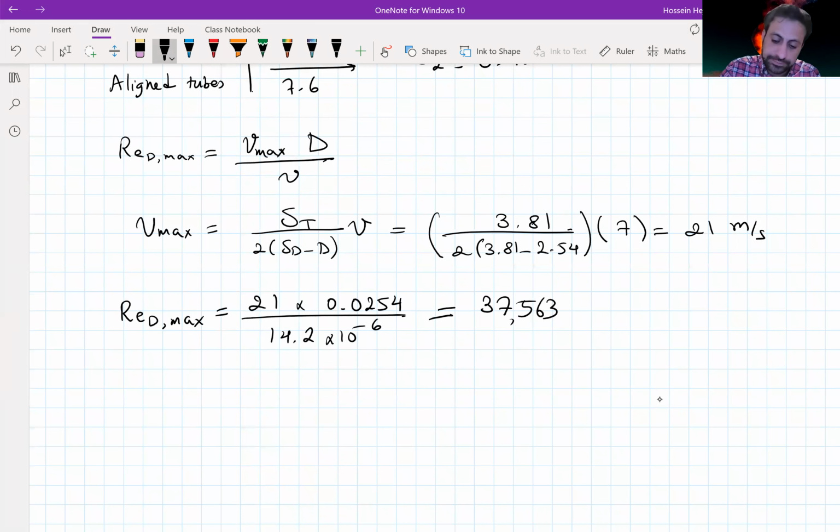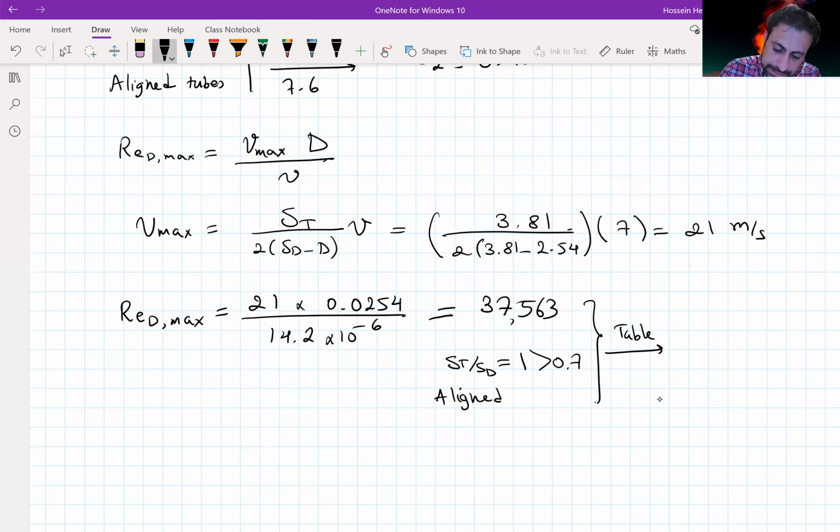So this is the Reynolds number. By having the ratio of ST over SD, which is here 1, that's greater than 0.7, and for the aligned arrangement, we can go to table 7.5, and what we are going to find is C1, the parameter 0.27, and the exponent for the Reynolds number 0.63.